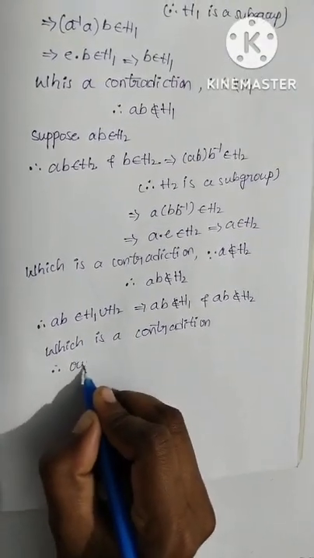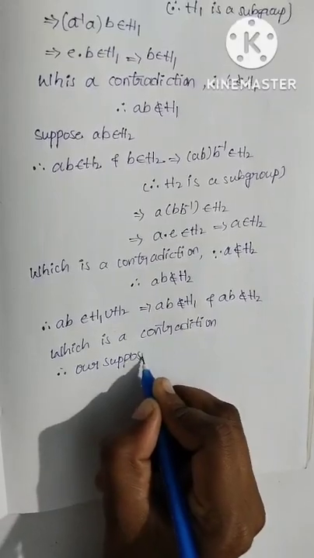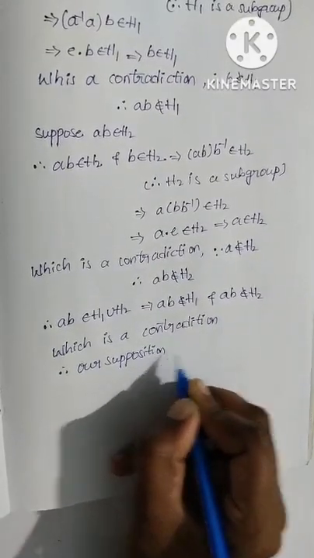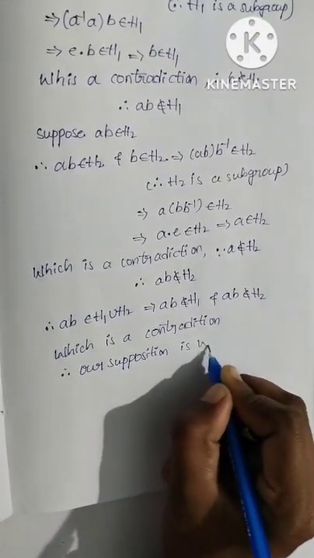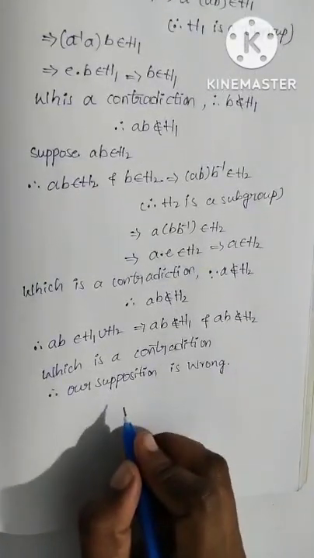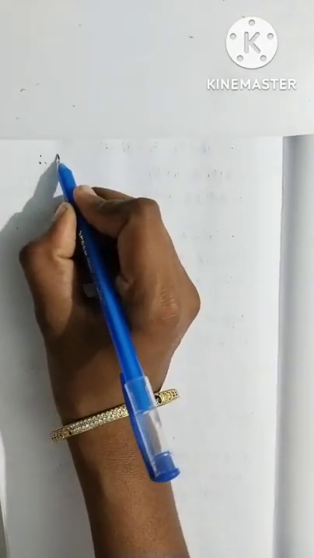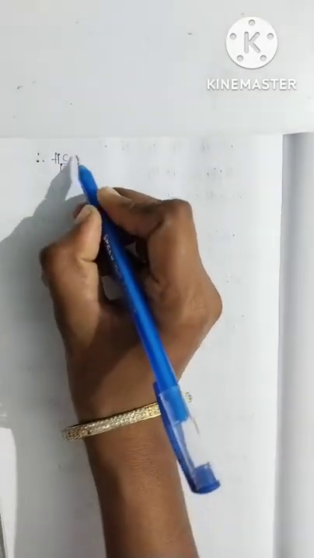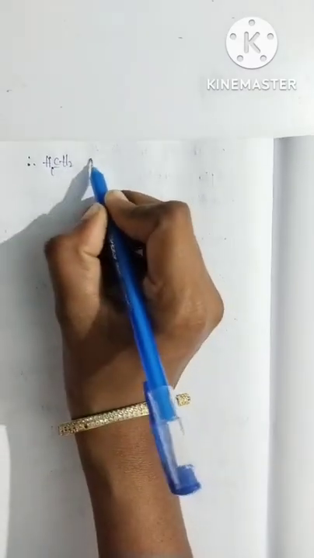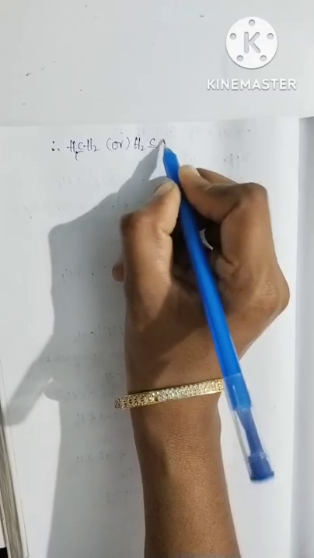Therefore, our supposition is wrong. Therefore, H1 is a subset of H2 or H2 is a subset of H1.